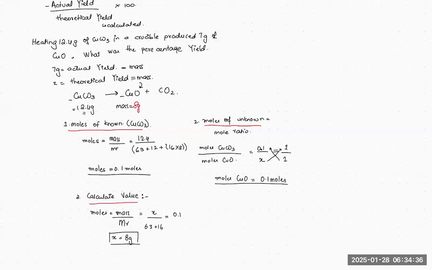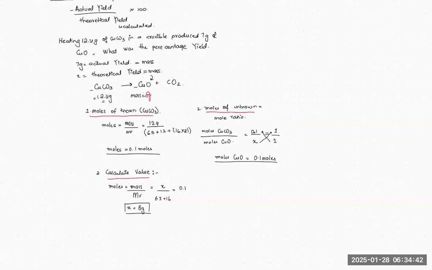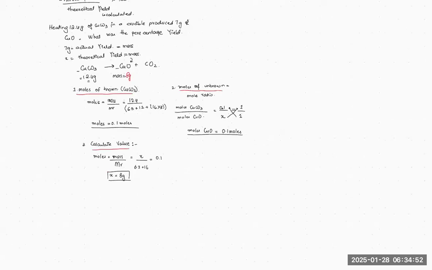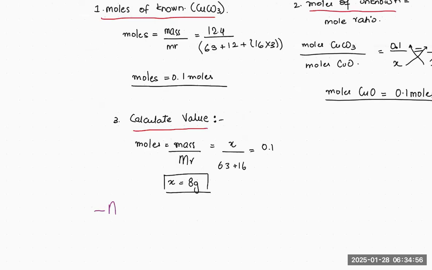Now, we have to calculate the percentage yield. For the percentage yield, you can use the formula I taught you guys: actual yield divided by theoretical yield multiplied by 100.